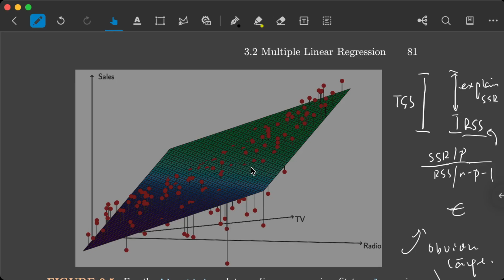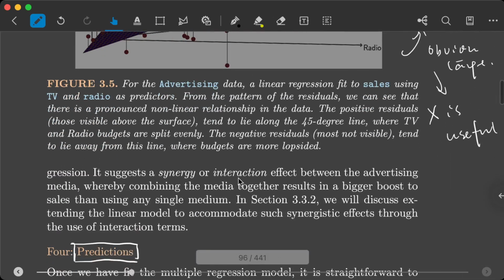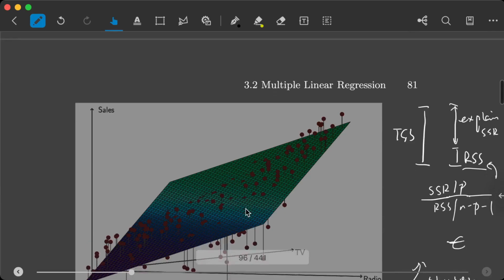The model in most cases is too pessimistic when there's a combination of them, because we can see the actual value is higher than our prediction. So yeah, we can infer it in this way.